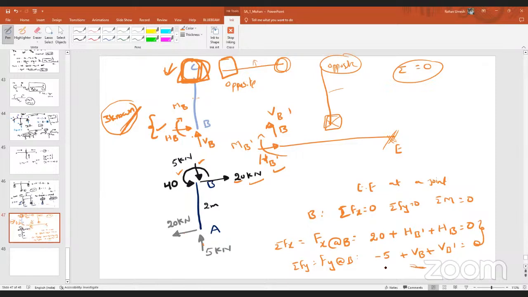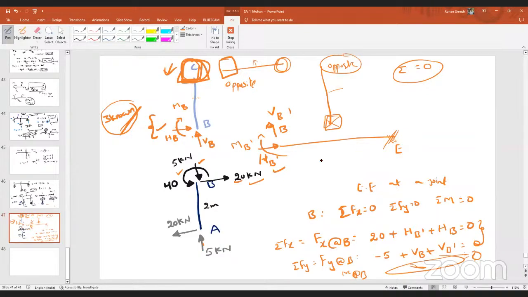What about the moment? That will also be there. I haven't written it, that's it. Moment at B also will come, but I have not written it; I hope you understood. But the same problem we'll solve tomorrow, and we'll clearly know how many additional equations are required per case.